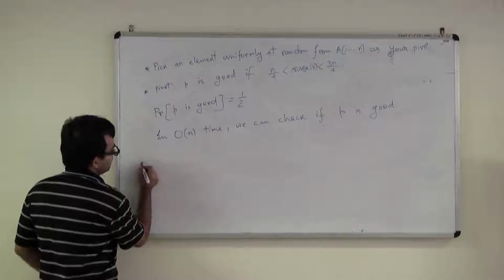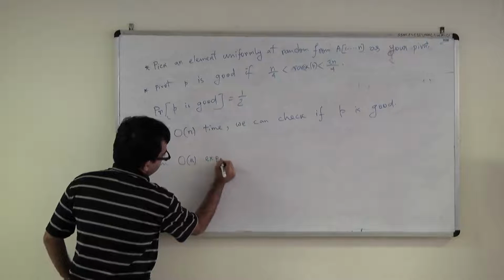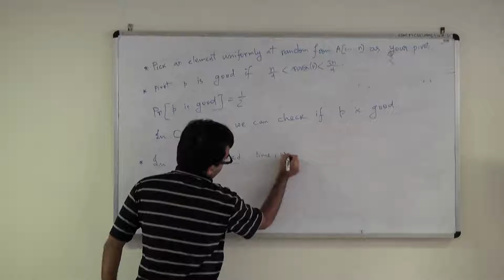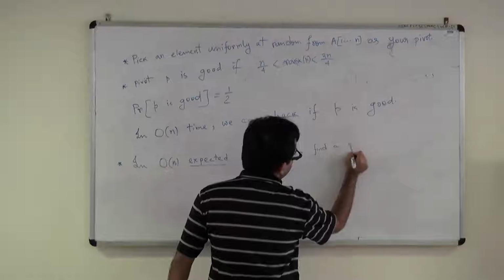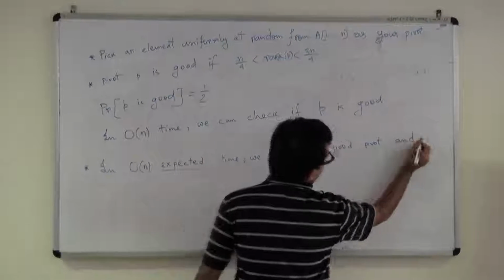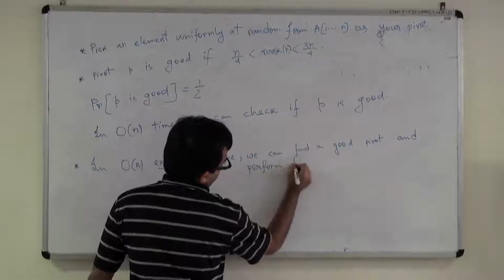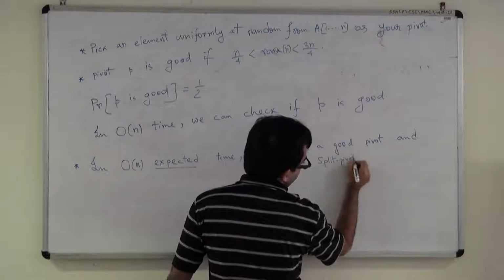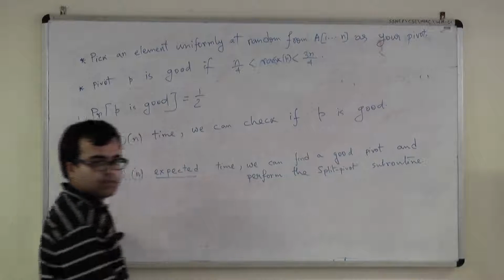So the statement is, in O of n expected time, we can find a good pivot and perform the split pivot subroutine.